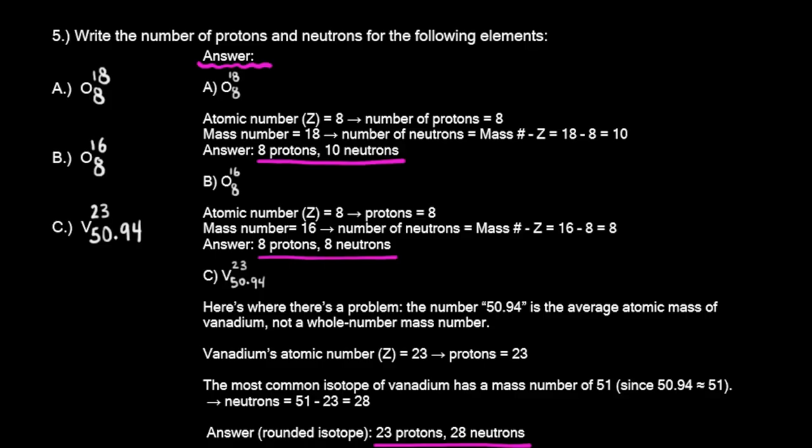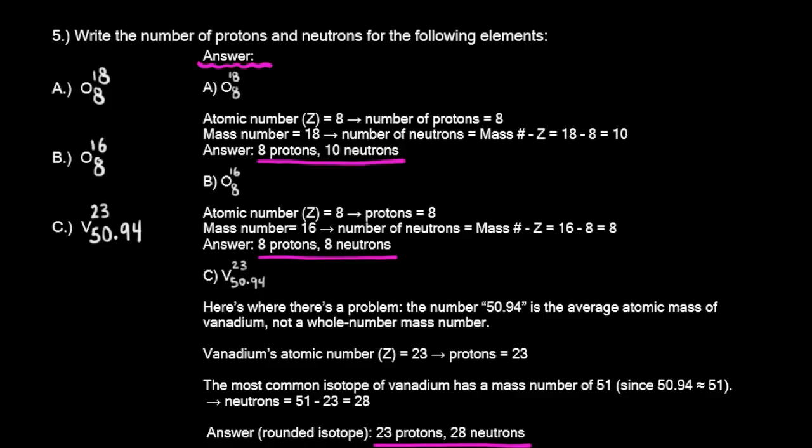So oxygen 18 has 8 protons and 10 neutrons. Oxygen 16, however, has a mass number of 16, which is the sum of the number of protons and neutrons. It has 8 protons and 8 neutrons. Oxygen 16 and oxygen 18 are isotopes of elemental oxygen, which explains why they have different numbers of neutrons.